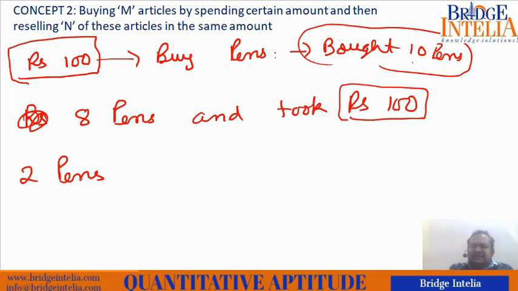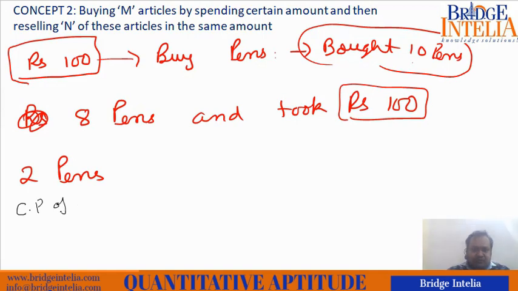Now, if somebody asks what profit percentage I have earned, how can I calculate it? Let's understand the shortcut to it. But first, let's solve it using the traditional approach. Let's find the cost price.